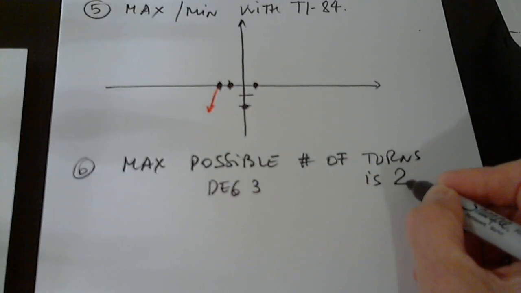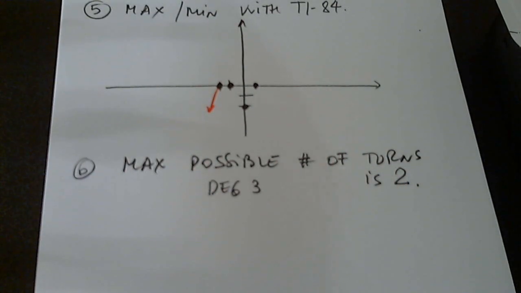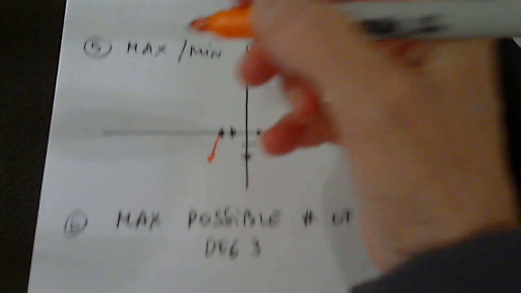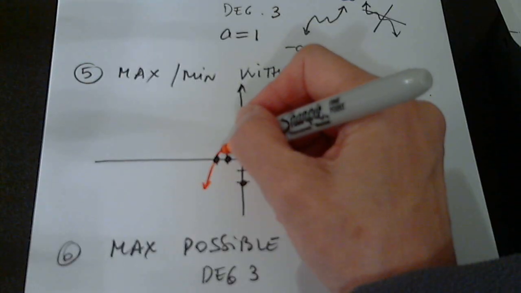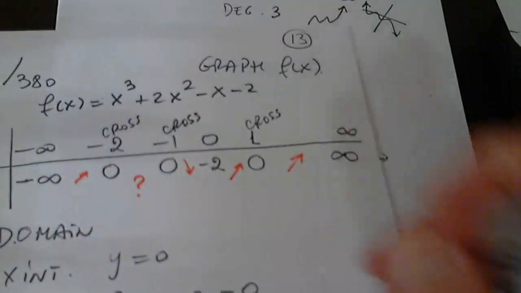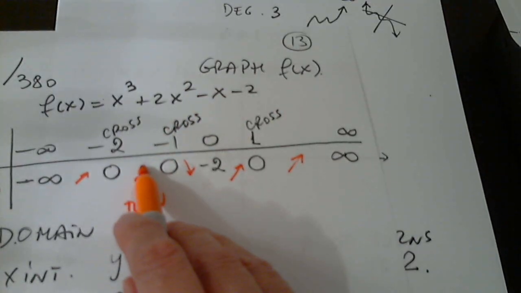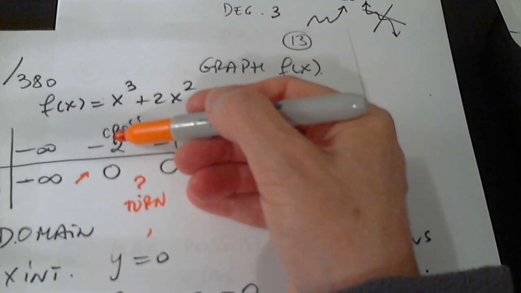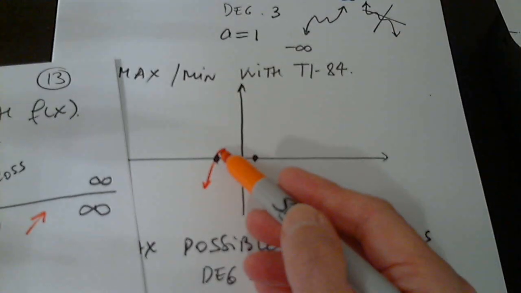So 2. Maximum 2 for this function. Perfect. So let's continue. It has to have a turn because it crosses the x-axis at -2, 0, and then it comes back to cross again. So there must be a turn here.